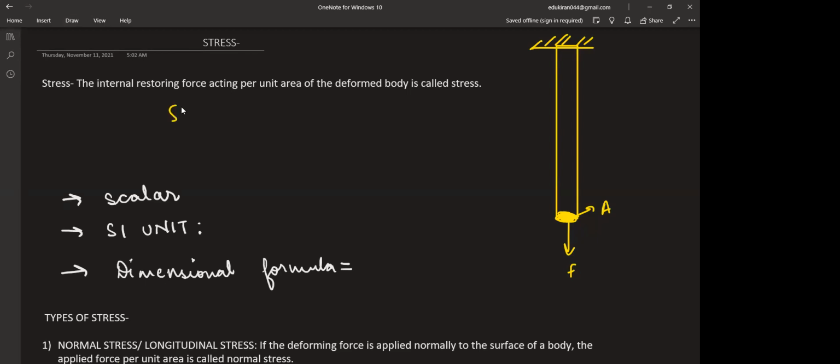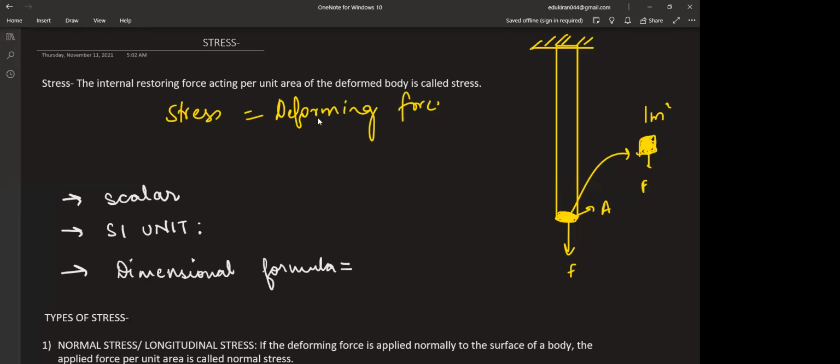So stress is basically, in just 1 meter square, suppose I just take 1 meter square area, whatever is the amount of force acting in just this 1 meter square area, that is called stress. So stress is basically deforming force per unit area.